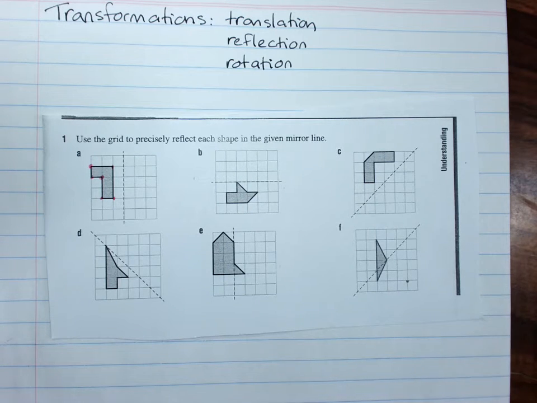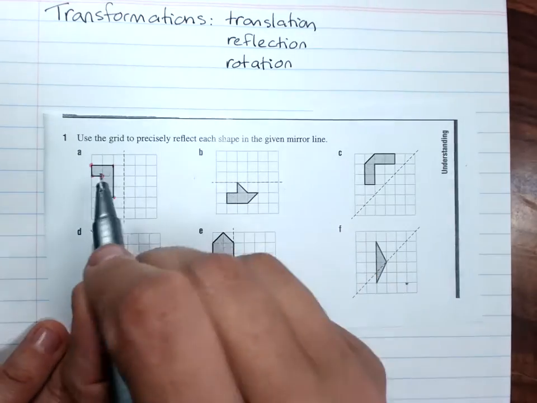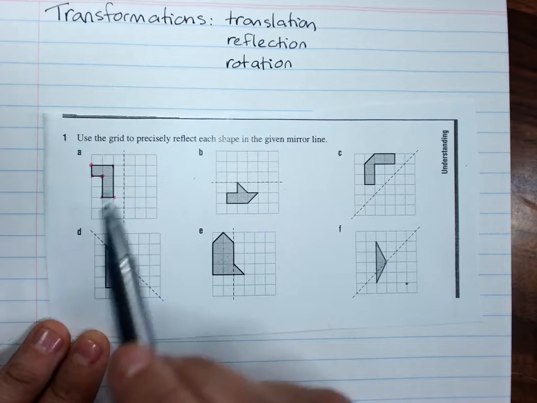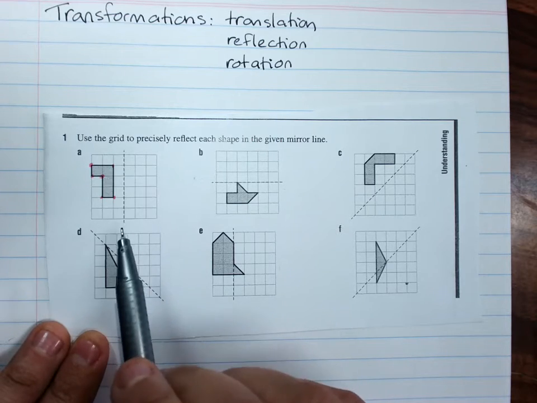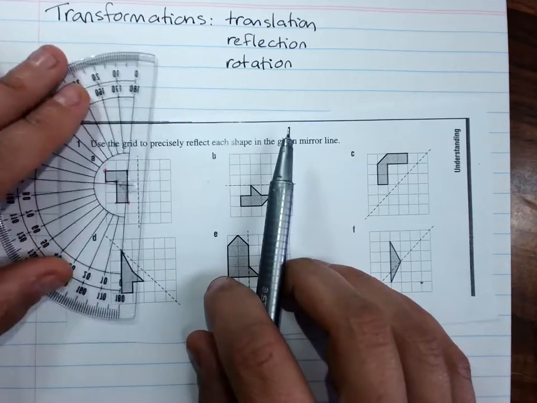Now you don't have to draw the lines that I'm about to do in green, but I'm going to draw them to show you what I do. For every vertex, go straight towards the mirror line. And when I say straight towards the mirror line, I mean at 90 degrees to it.